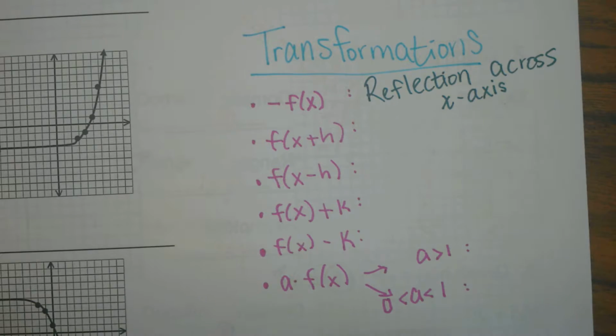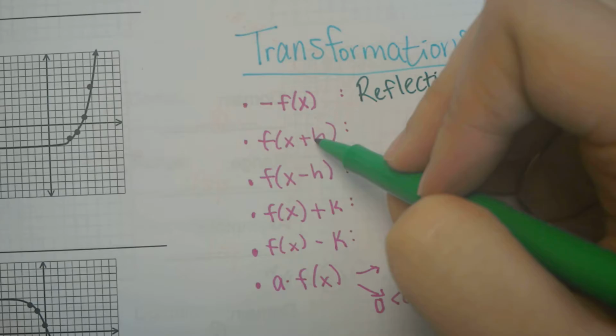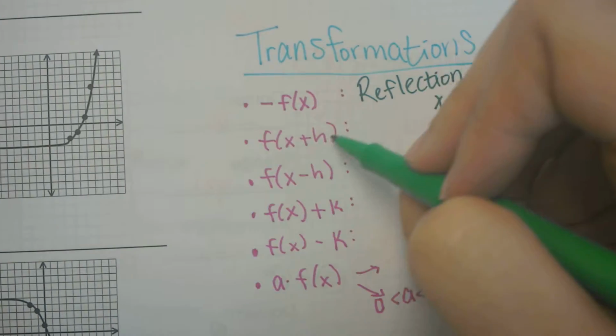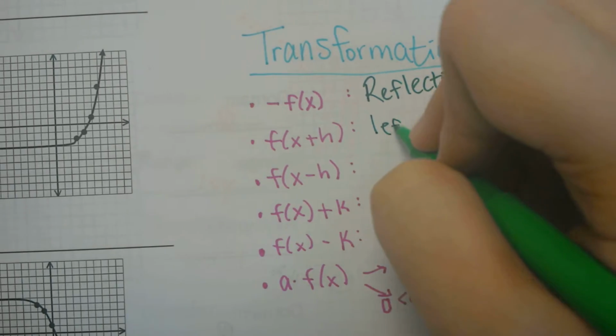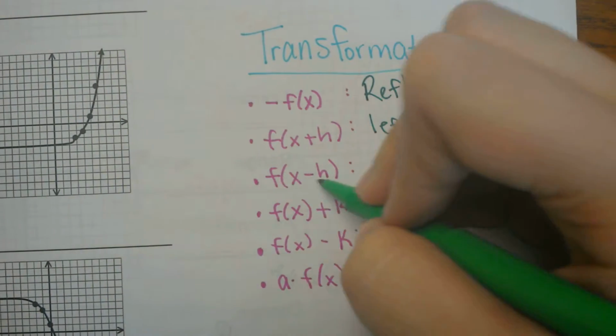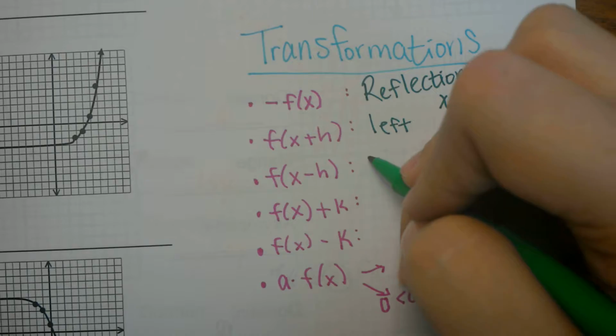We just usually shorten it to say it's a reflection. And then if I have f of x plus h, where I'm adding inside where x is, that is going left. And then if I'm subtracting inside with x, that's going right.